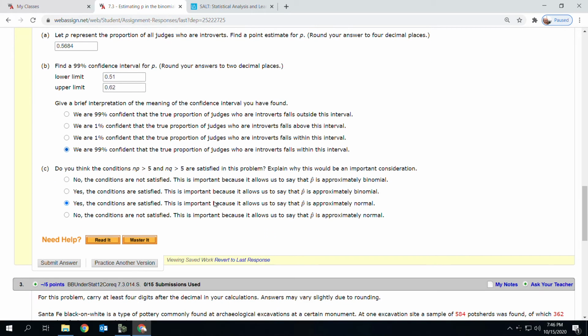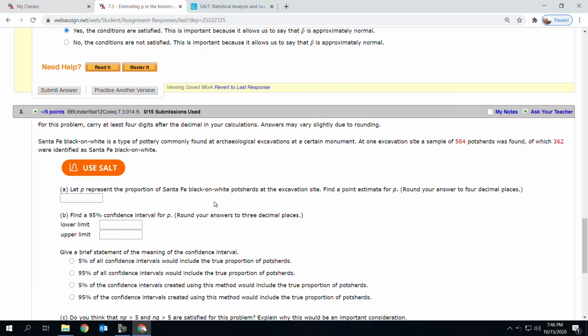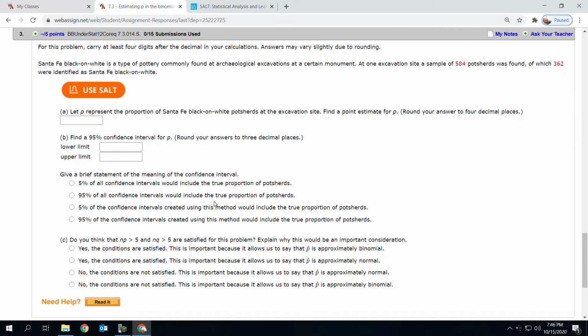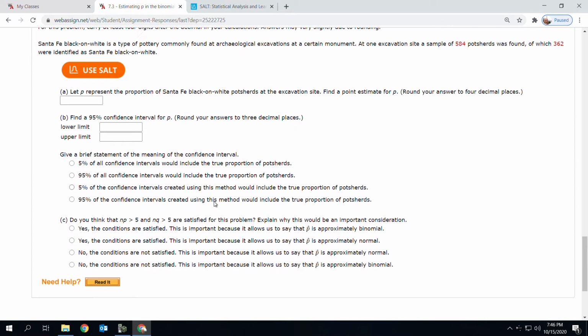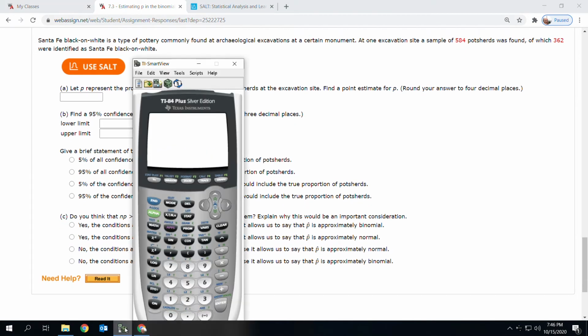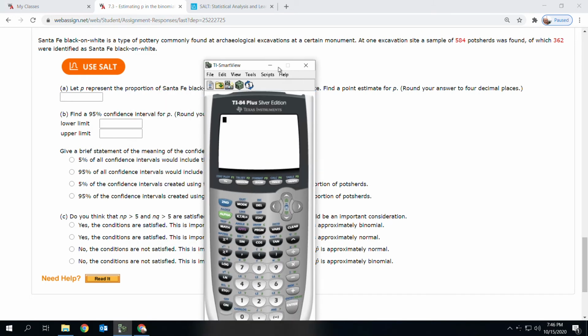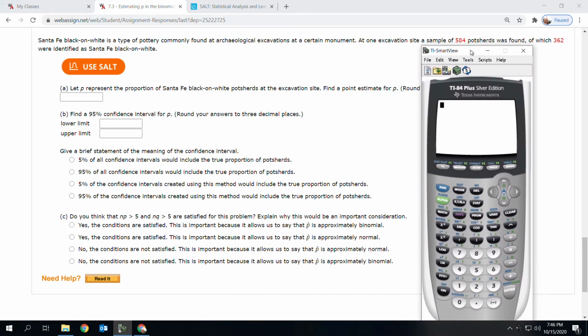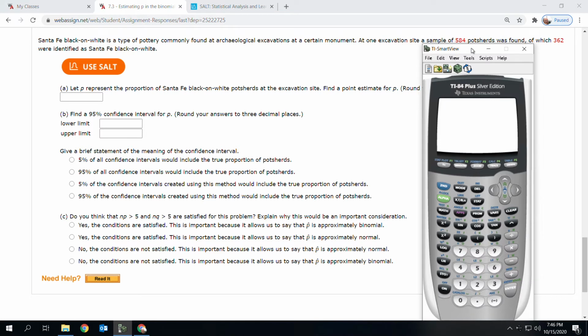While I'm here, I'm going to go ahead and pull up number 3 and do it on the calculator. This way you have an example by hand, an example using SALT, and one using the graphing calculator. Stat, tests, we're going to be looking for one proportion Z interval.